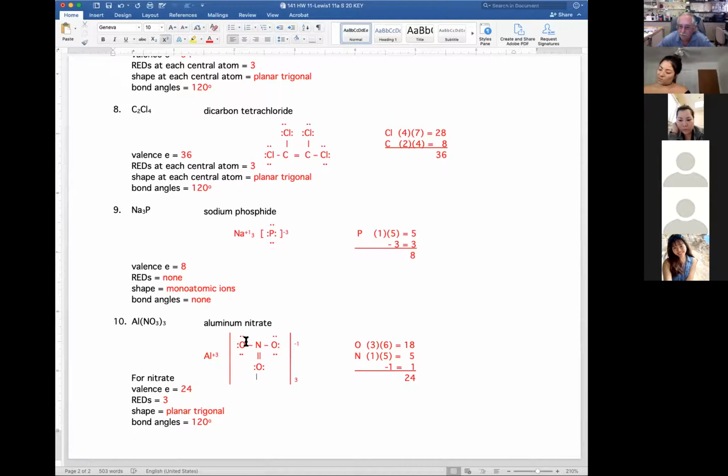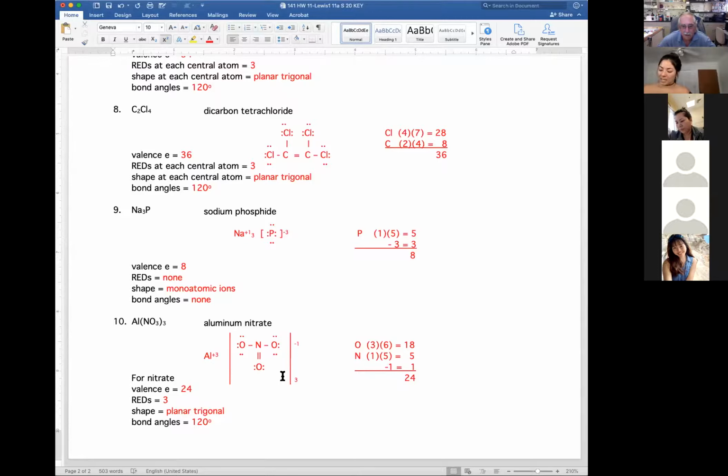So each of those bonds is about 1/3 double bond character and about 2/3 single bond character. Looking at the central atom, you have 3 regions of electron density around the central atom, making it trigonal planar. That one I get. Got it? Okay, cool.